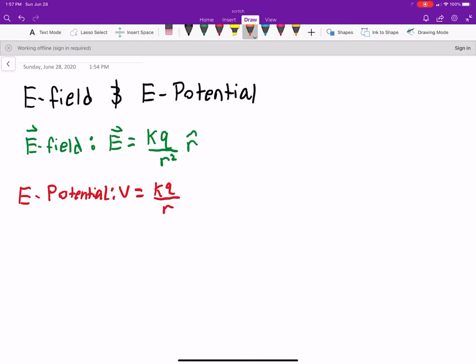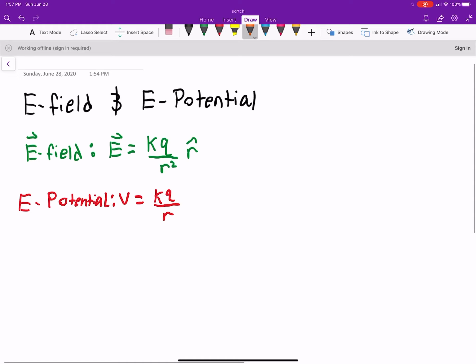They look very, very similar, and I think you'll find that if you take a derivative of your E field, so r is a function, right? r is the function you take the derivative with respect to. However, because we'll be dealing with Cartesian coordinates, you'll deal with something called partial derivatives.